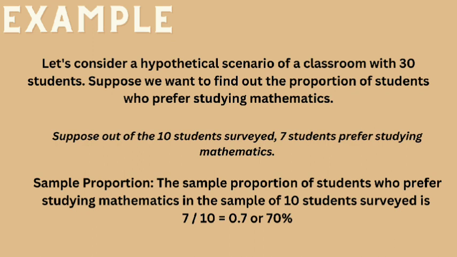In this case, a sample of 10 students was randomly chosen from the classroom and asked about their preference for studying mathematics. Among these 10 students, 7 expressed a preference for mathematics. So our sample proportion here is 7 divided by 10, which is 0.7 or 70%.